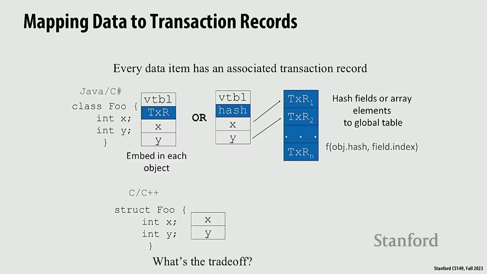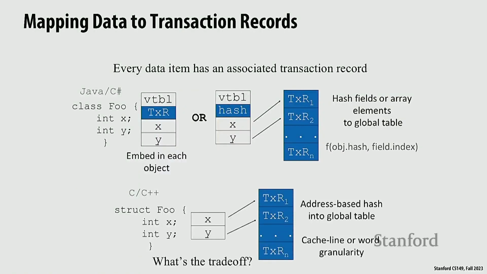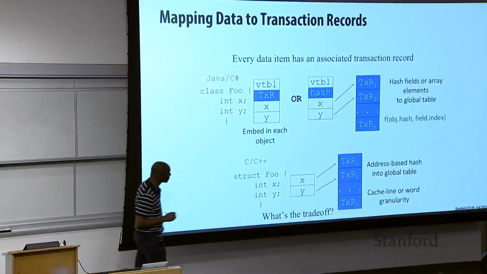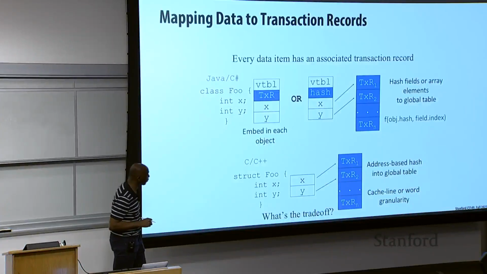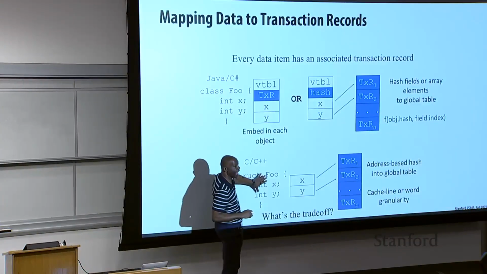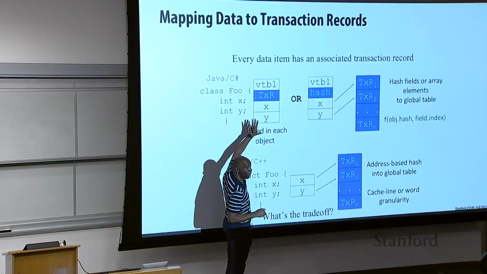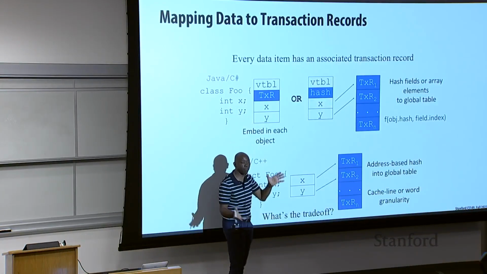Or you could do it per individual data element. And of course, in C or C++, you might have to do this based on address. This is a finer granularity of information about the data than doing it per object. So there is some trade-off to be had.